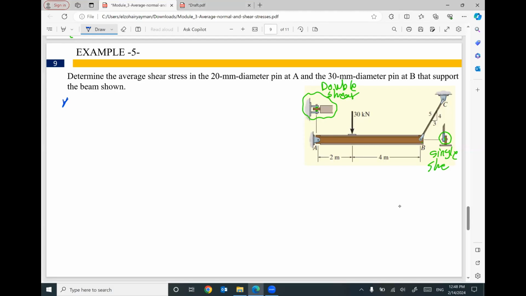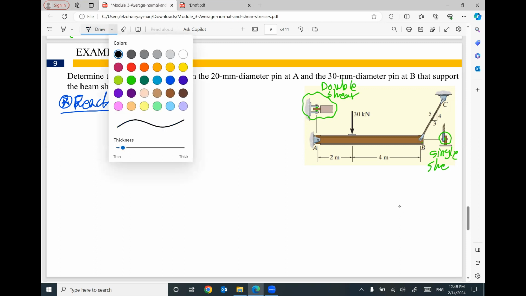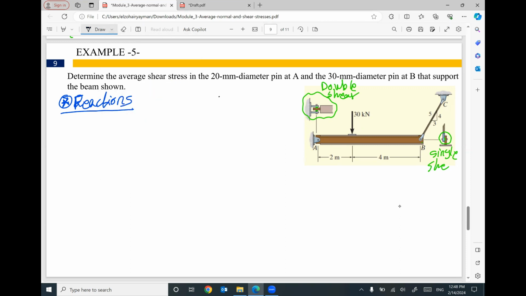So I'm gonna start with the engineering mechanics part to figure out the reactions. I'm gonna draw the free body diagram for this beam. It is beam AB. I have two reactions at A, YA and XA. I'm gonna assume them in this direction.